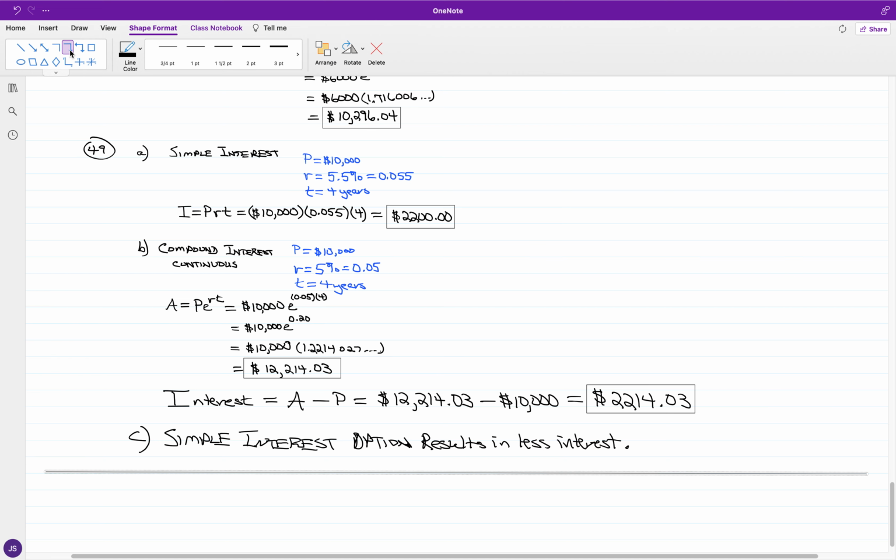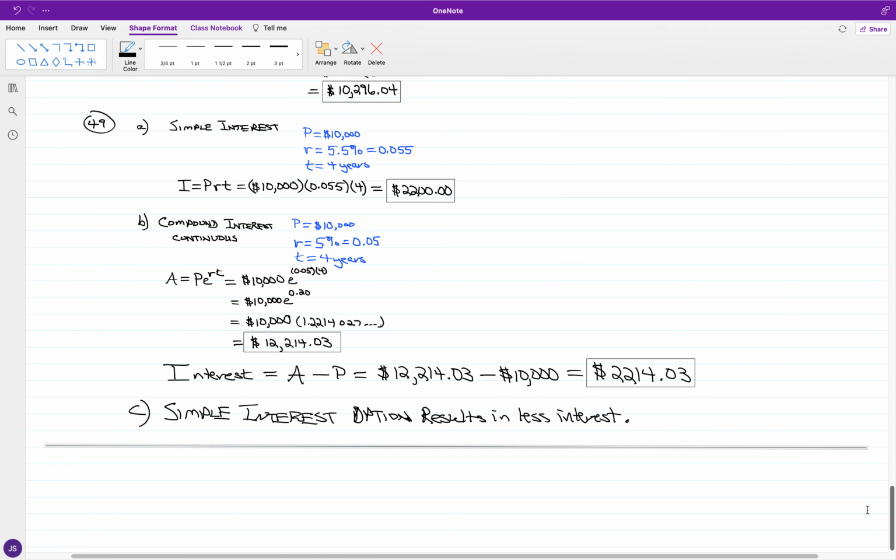And sort of crossing over to the threshold of looking at the properties of logarithms.